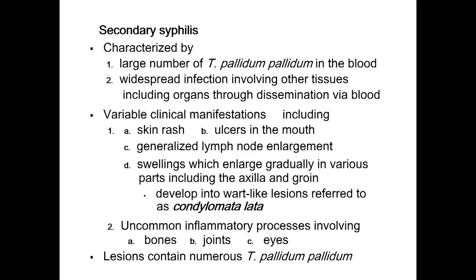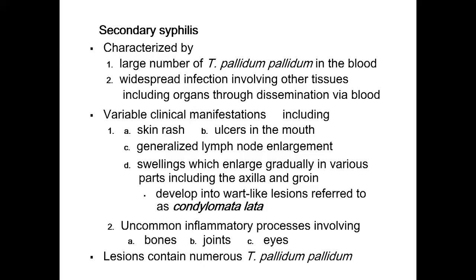Then secondary syphilis, this particular stage, is characterized by a large number of the organisms in the blood because they remain after the primary ulcer is healed, they remain in the body and continue to multiply.